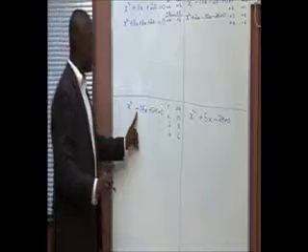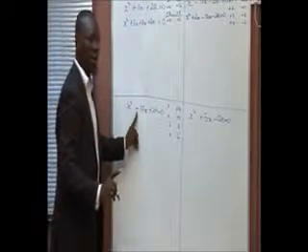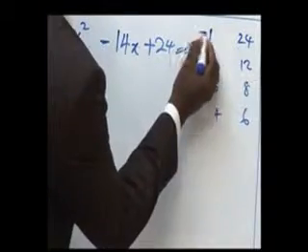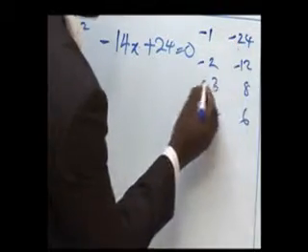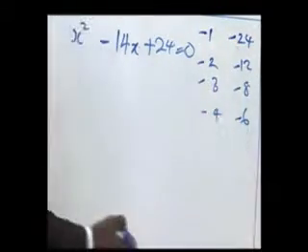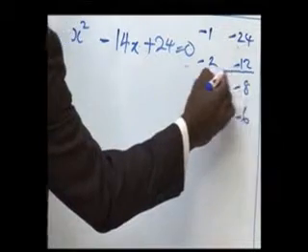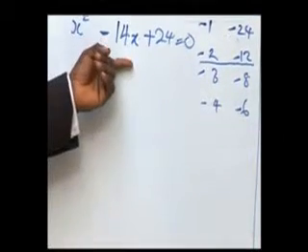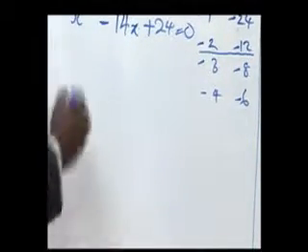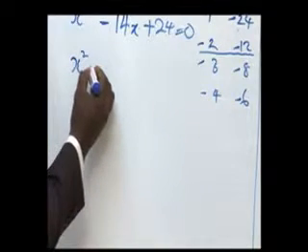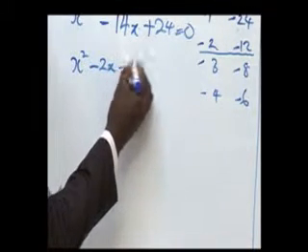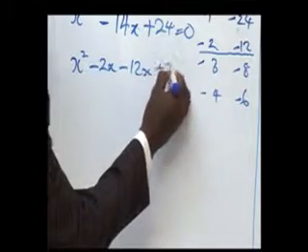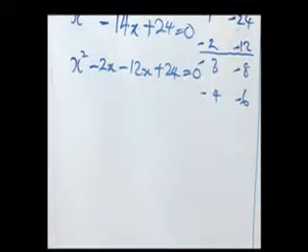So I quickly attach the minus sign there. Without too much mathematical process, minus 2 minus 12 can replace minus 14. So I have here x squared minus 2x minus 12x plus 24 equal to 0.